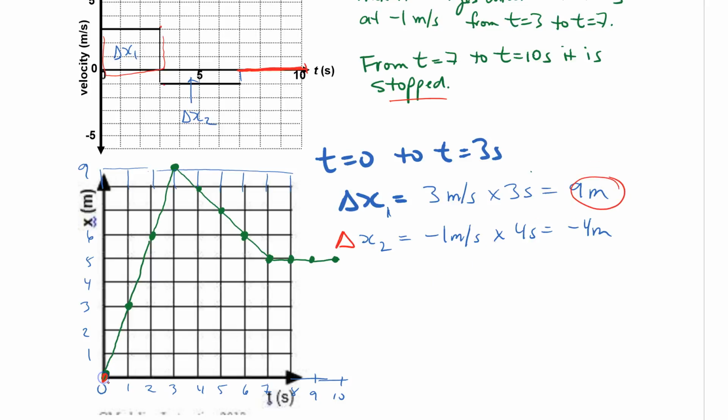So if I assume it starts from the origin, then 0 plus 9 is 9, so it changes up to 9. Delta x2, now it's when it's moving in the negative direction. Here it's moving at negative 1 meters per second, and it does this for 4 seconds. So negative 1 times 4 is negative 4. So if it was at 9 and a minus 4 put together ends at 5. So that's why I end up at 5 over here. And then it stays at rest.